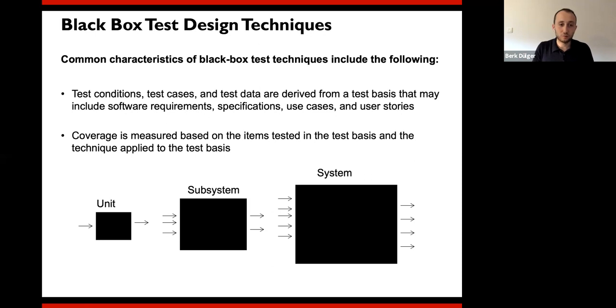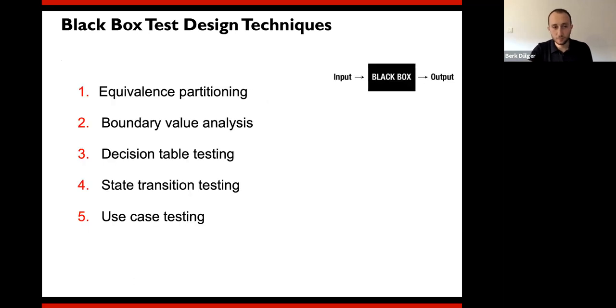It is able to use black box or white box testing for each level and for each test type. I mean, by saying test type, functional and non-functional test types. So here are 5 design techniques I'm going to mention today.